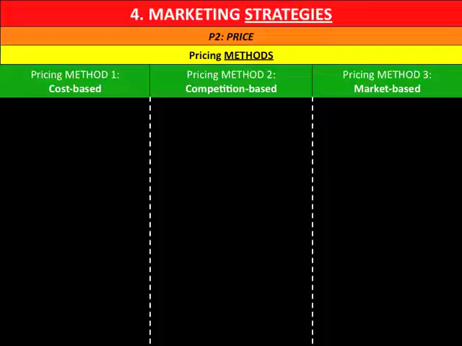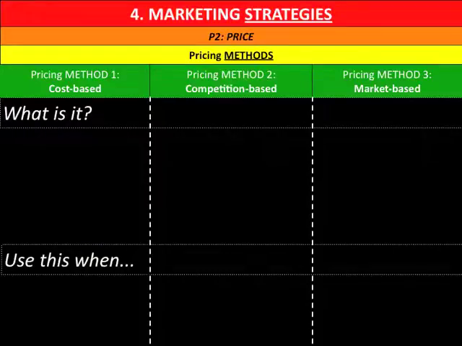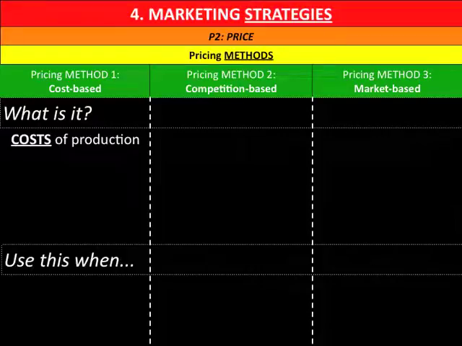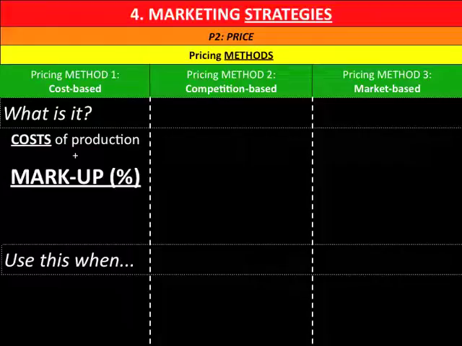Now, when would you use the first pricing method? We're going to look at what it is, and then we're going to look at when you use this type of method. Right? So the first one, the cost-based method, is that it's based on the cost of production, like the cost of physically producing the product, plus a markup. Now, the markup is a percentage. So a percentage on top of the cost of production. So a 20% markup, 20% on top of the cost of production.